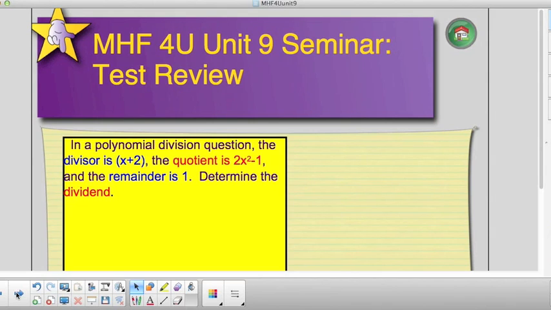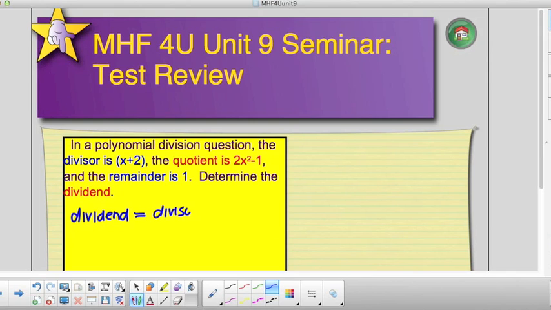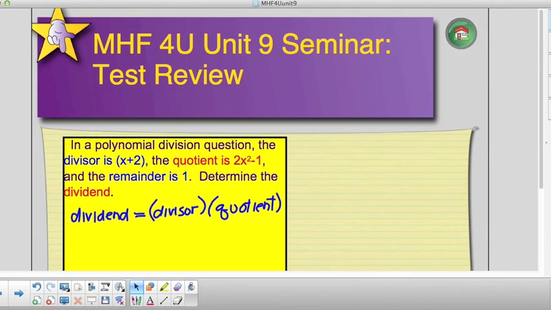So I'm going to write down the formula first. We know that the dividend is equal to the divisor times the quotient plus the remainder.